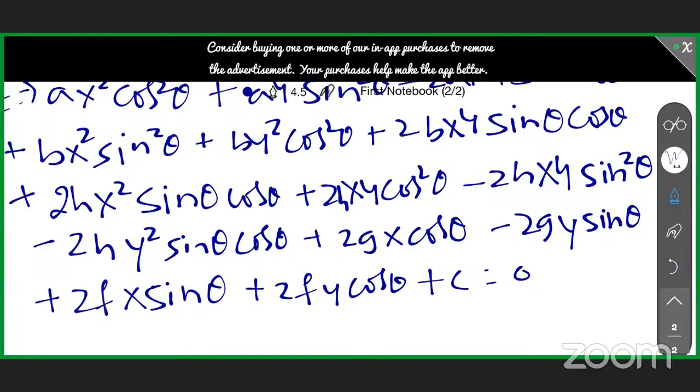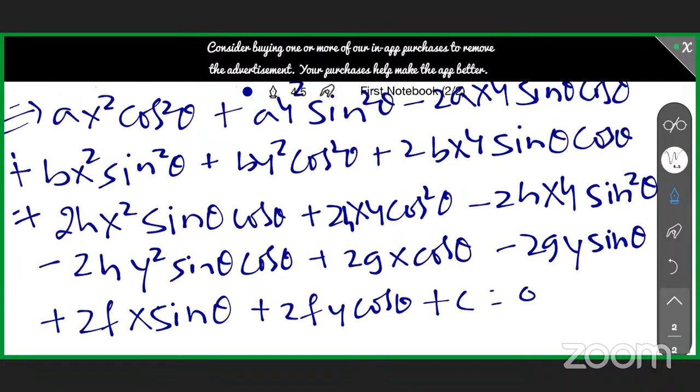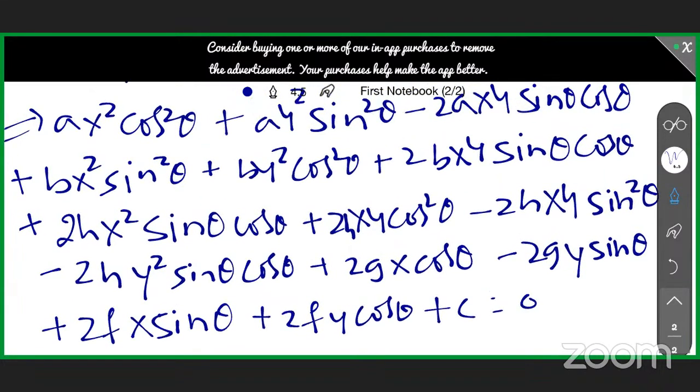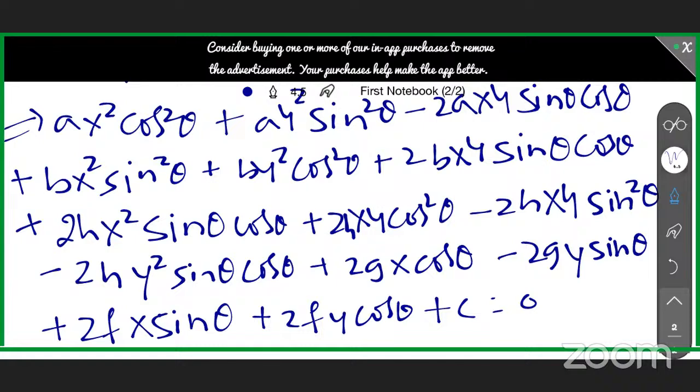So now what you should do is listen carefully. Take all the x square terms together, all the y square terms together, all the 2xy terms together, 2x terms together, 2y terms together.